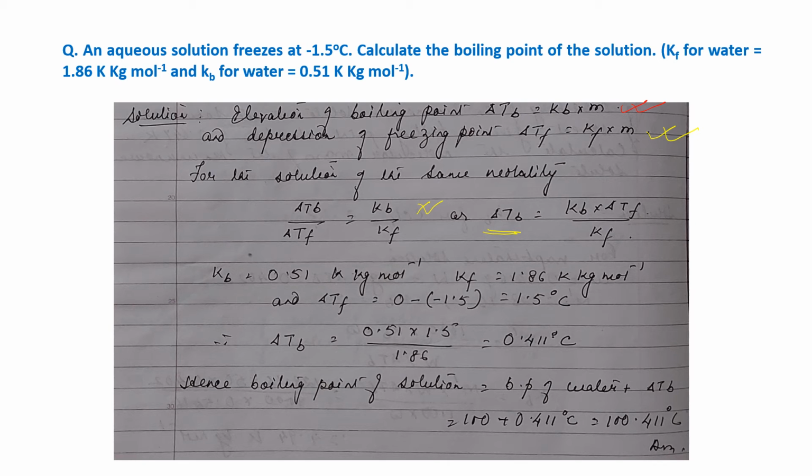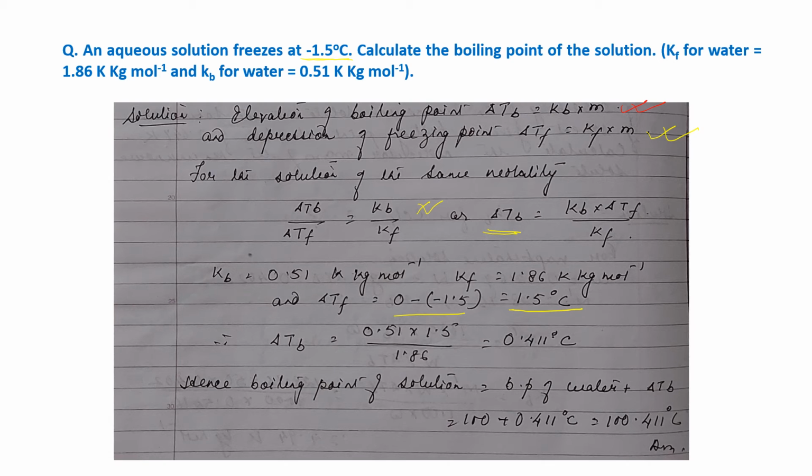By putting all the values, Kb is equal to 0.51, Kf is equal to 1.86 and delta Tf is, given the aqueous solution freezes at minus 1.5 degrees centigrade, so delta Tf will be equal to 0 minus minus 1.5, it is equal to only 1.5.